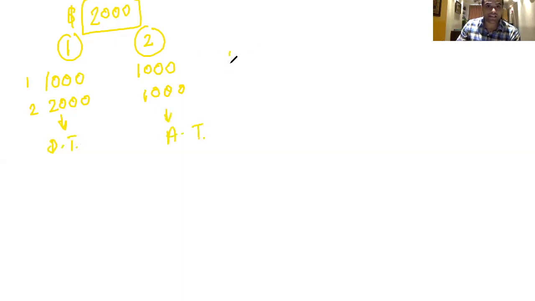So for the annuity table, the cash flow is 1,000 multiplied by the table value. As I said, in order to calculate the table value, we need rate and we need time. We already have time, which is 2 years. So T is 2. For example, R is 10%.